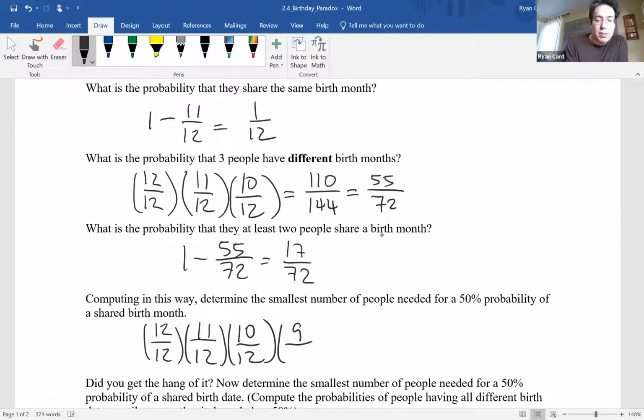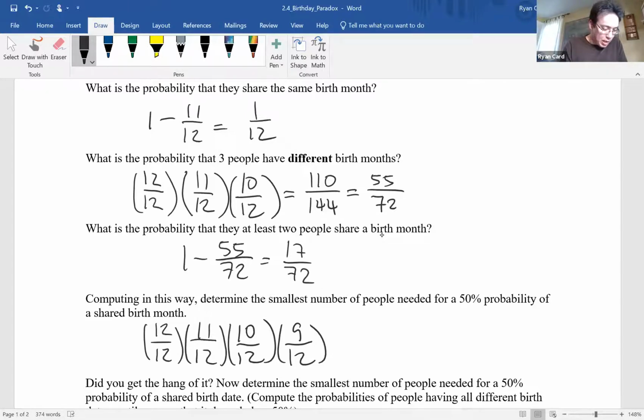For the 4th person, there's a 9 out of 12 chance that you don't share a birth month, and then you keep continuing until you get a probability that's less than half. So maybe we could just do this right now. With 3 people, it's 55 out of 72, and that's about a 76% chance.